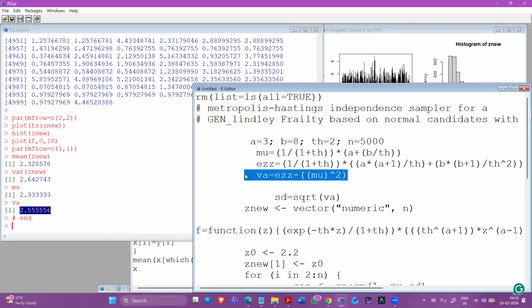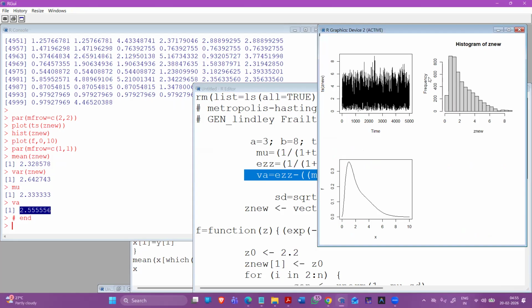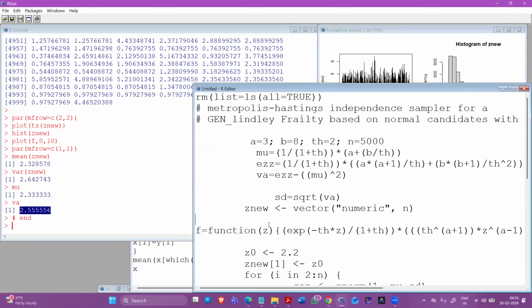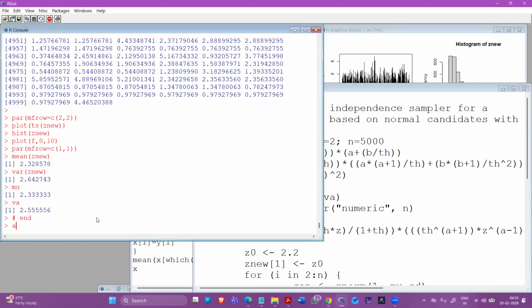So you will not find a significant difference between both of them, and you will find almost convergence here. And I will check the ACF of Z new also.